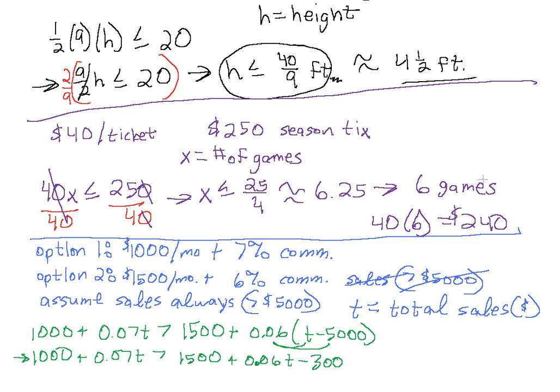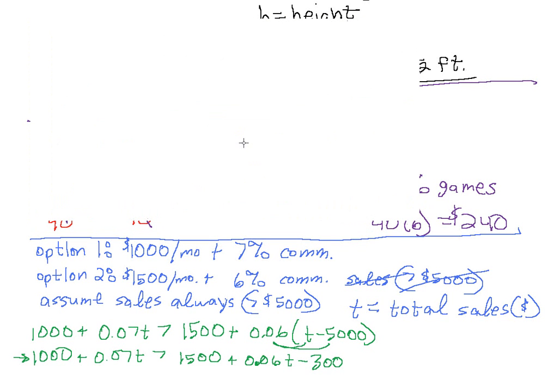All right, we're actually running out of room here, so let's go ahead and clear some space up here. Okay, we just needed a little space. All right, so we can go ahead and combine like terms on the right side. So we have 1,000 plus 0.07t is greater than 0.06t, and we can combine 1,500 minus 300 as a plus 1,200.